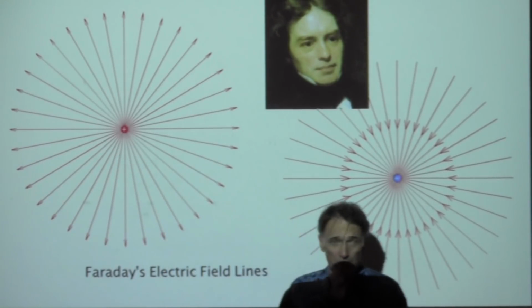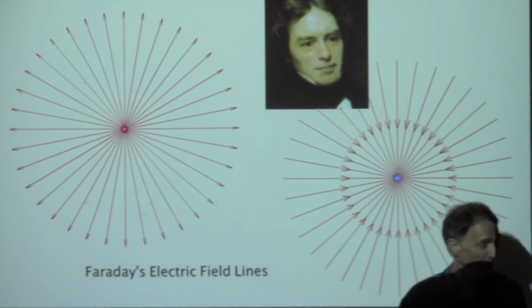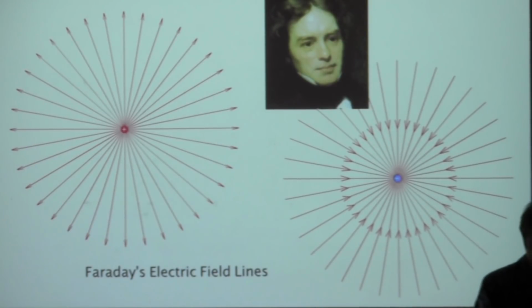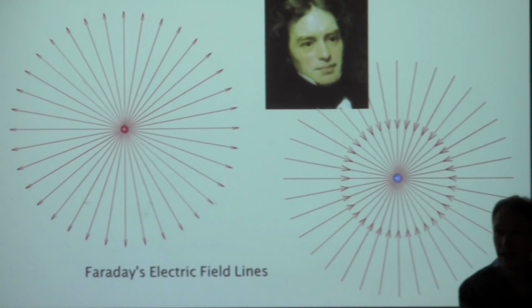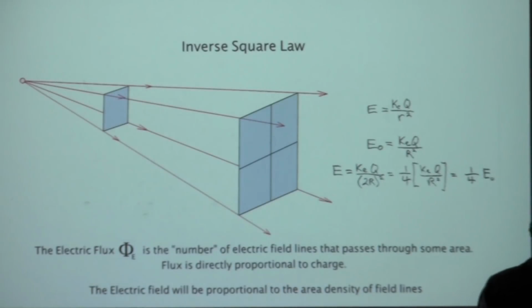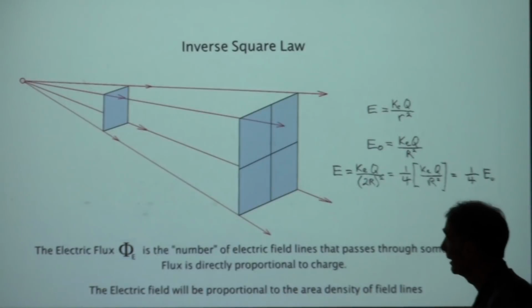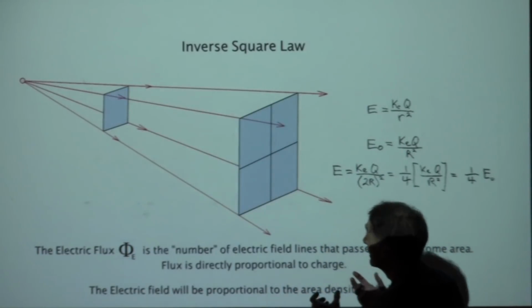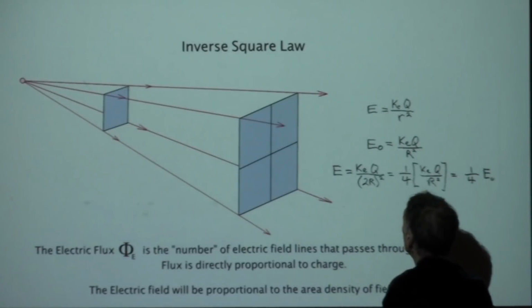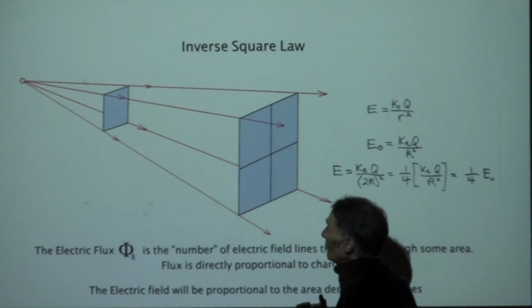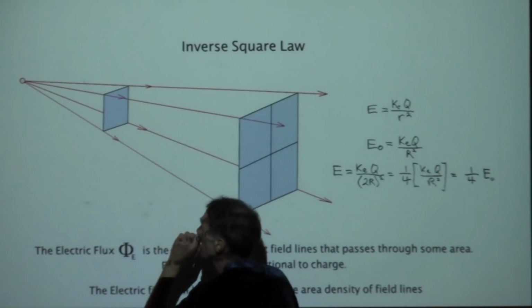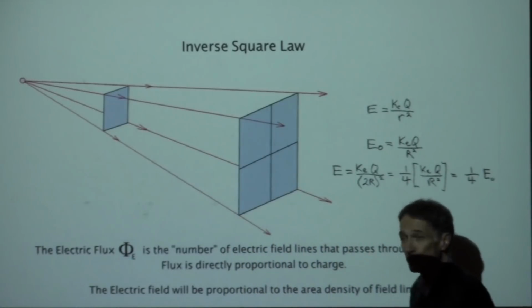That's all valid too, but these field lines are a great way to visualize this, and they help tremendously in seeing behind Gauss's law. Now, the idea that they're pictured as field lines that start on the charge and go out to infinity. And there are a number of things that follow the inverse square law.